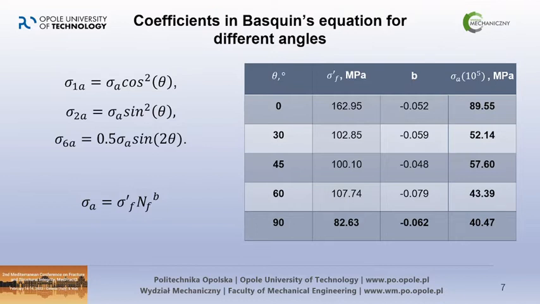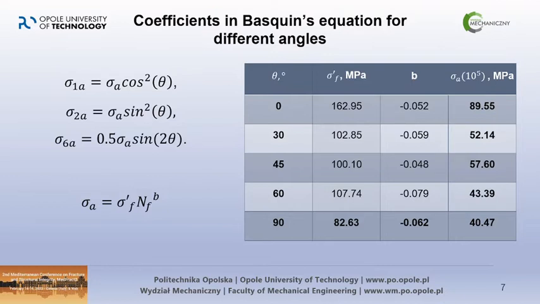And based on the results taken from the literature, for the cycle asymmetry coefficient R minus 1, the fatigue characteristics were determined in accordance with the Baskin proposal in a double logarithmic system. And this Baskin's equation is presented on the left bottom of this slide.